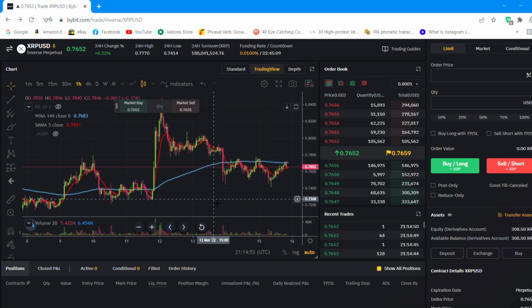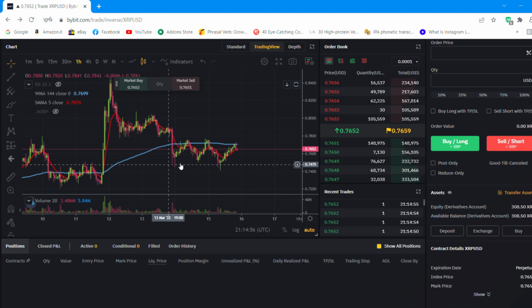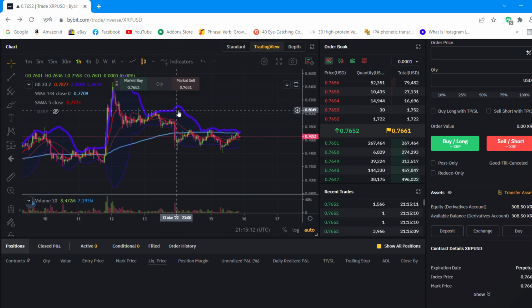So let's say now I'm looking at XRP, and I'm looking at this arc here. My Bybit actually has a bit of TA as well. I always keep my Bollinger on Bybit.